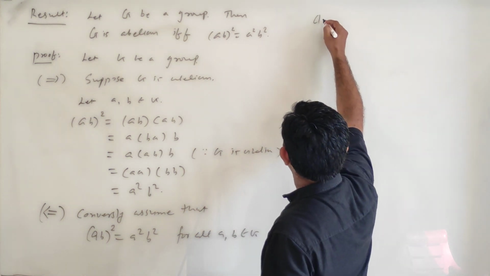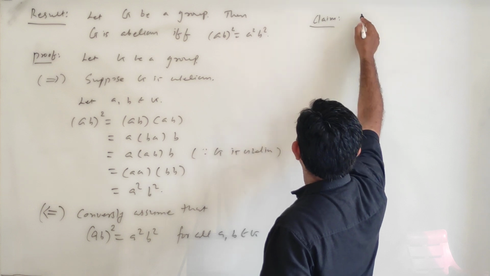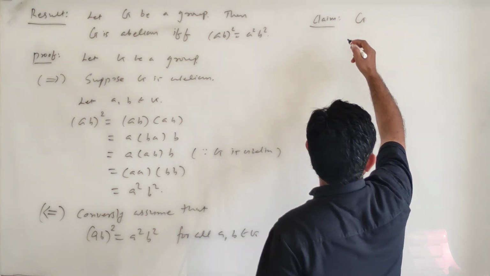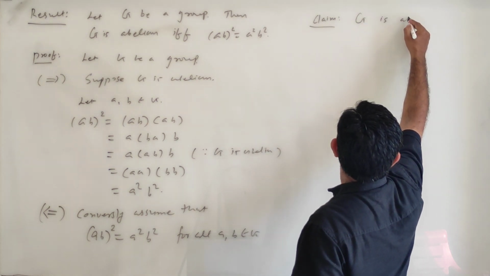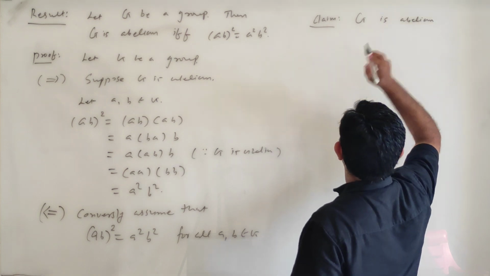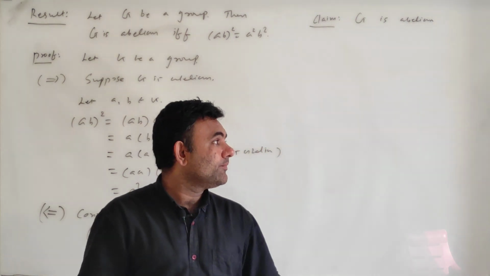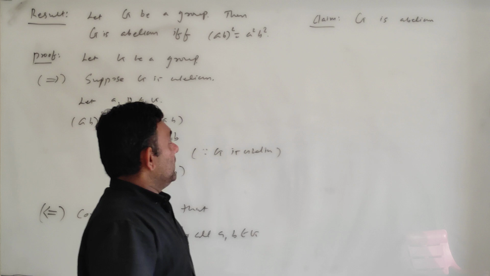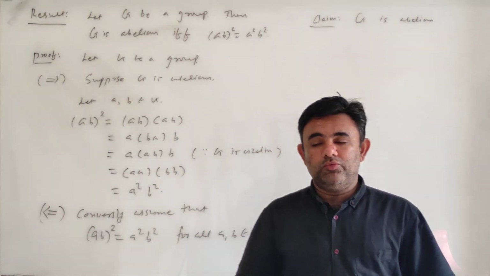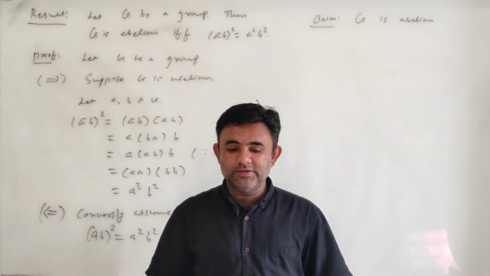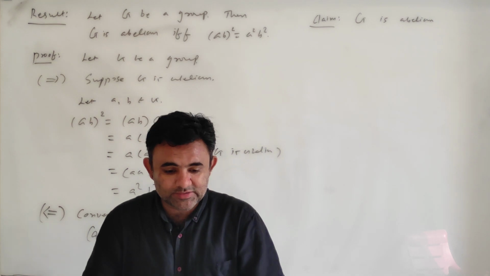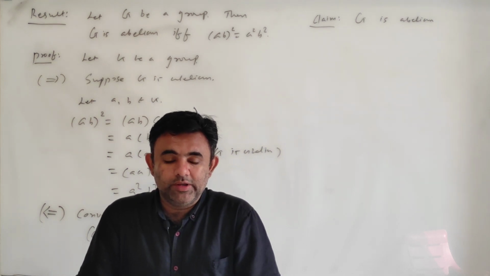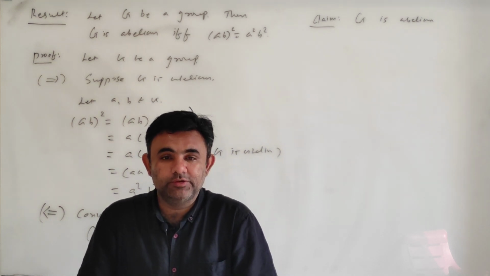So our claim is G is abelian. Okay, so for that what we have to prove? We have to prove xy is equal to yx for all x, y belongs to G.